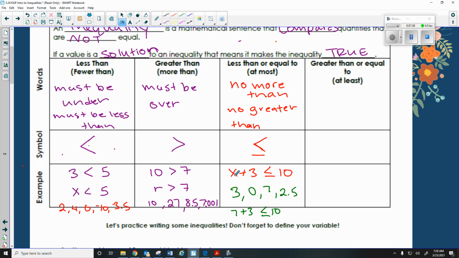Okay? On the flip side of that, I bet you can guess that the greater than or equal to sign is just with that line. Okay? So you must be at least, you can be no less than. So great examples, you have to be at least 16 years old to have a driver's license.